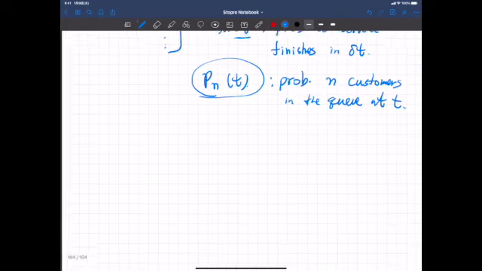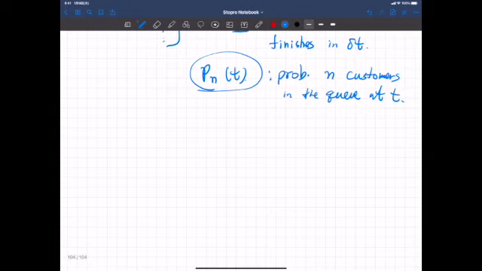As usual, let's consider the probability that there are no customers at time t plus delta t. How can this state be achieved based on the state at time t?